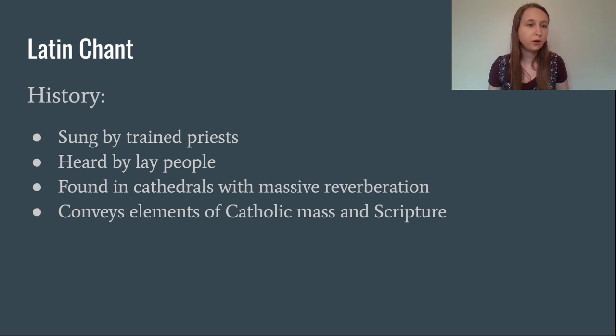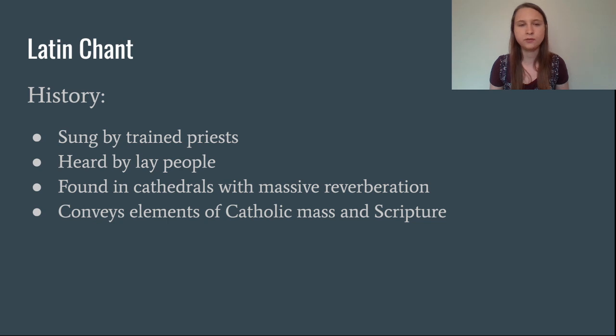And then Charlemagne came along, and at about 800 AD, he wanted to unify his Holy Roman Empire, and so he declared that the Roman chant would be codified as the official chant of the church. And so, for better or worse, all of the regional chants were kind of stamped out at that time.